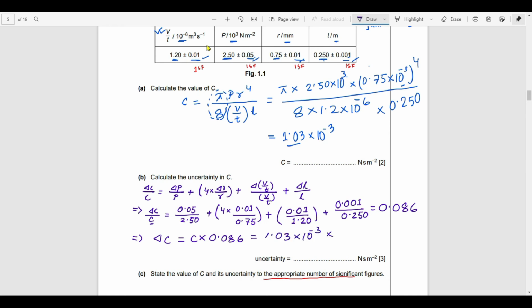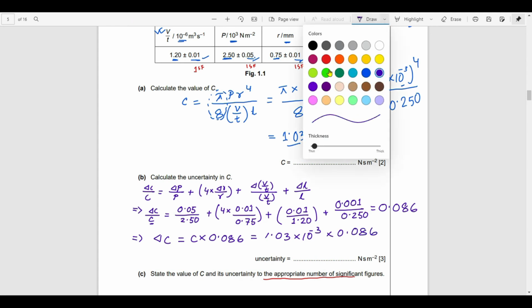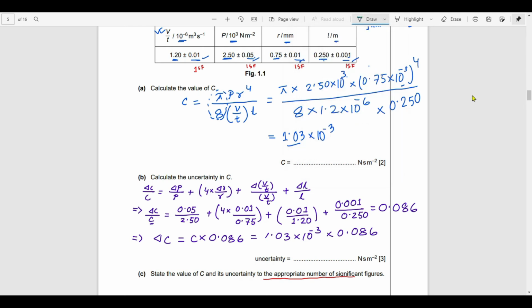So 1.03 times 10 to the power negative 3, when multiplied with 0.086, you will get the result in the calculator in some different order of 10, but you have to convert this into the same power of 10 as C is calculated.